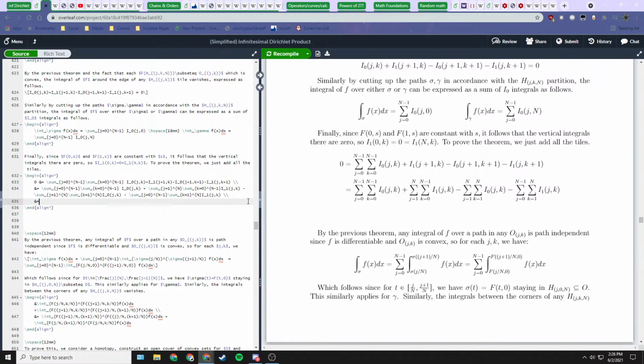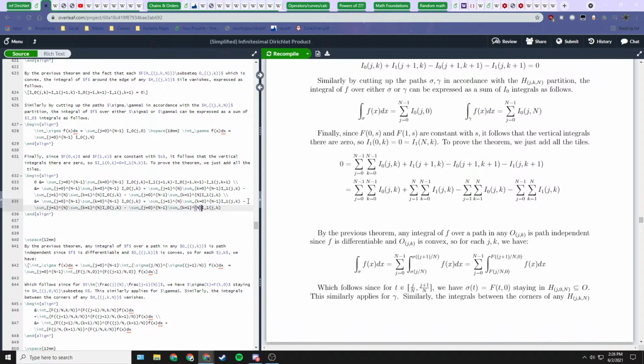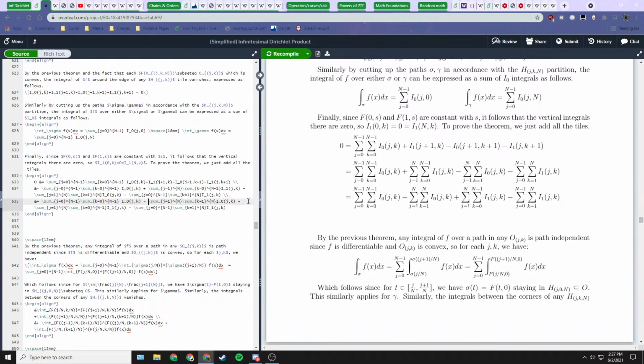So rearrange these sums so that they are next to each other. So we have the summation k from 1 to n, j from 1 to n, and oh, that's interesting. I think that should not be correct. Let me think about that.